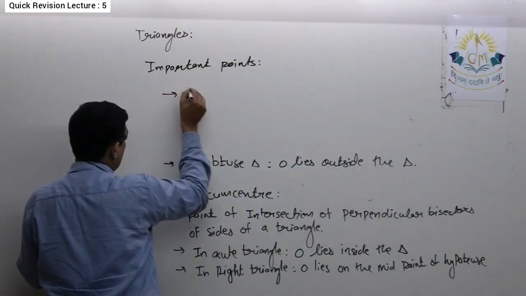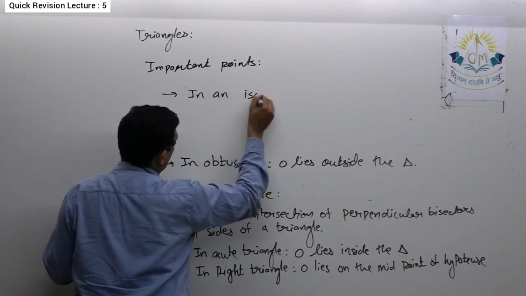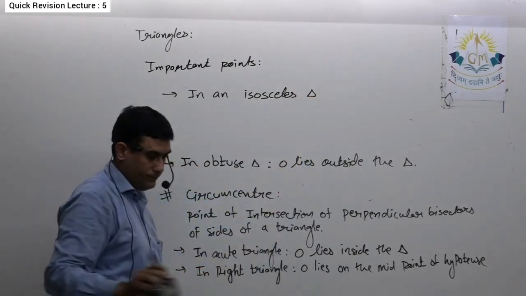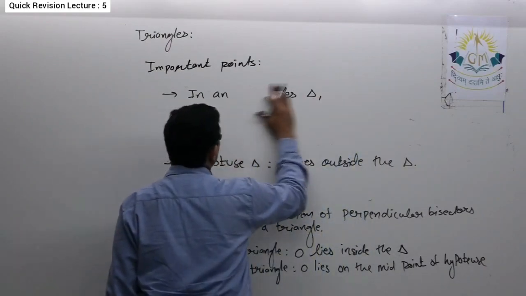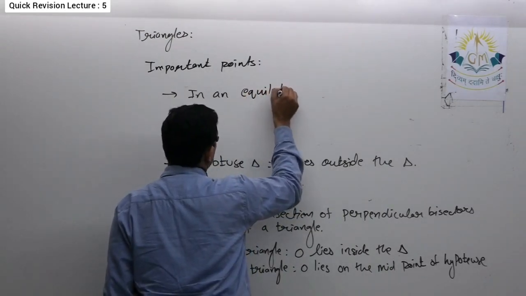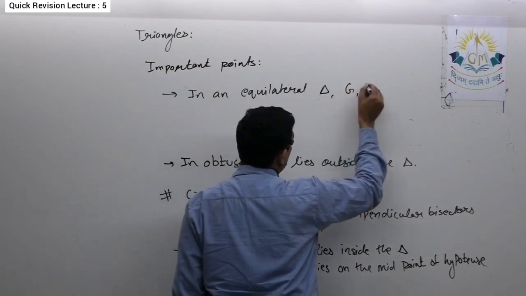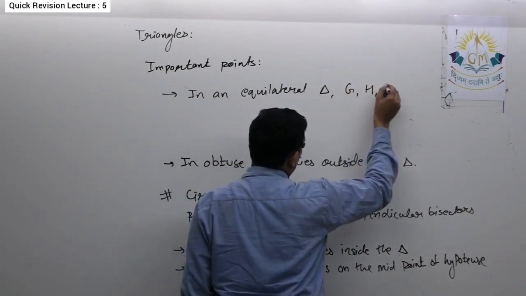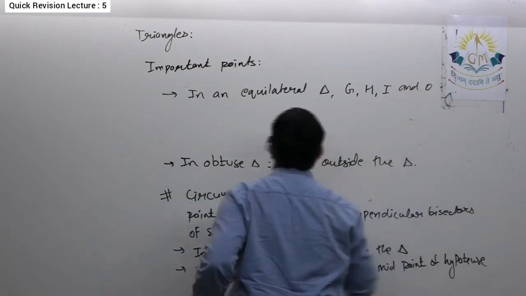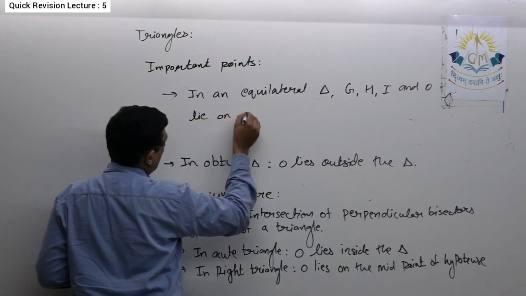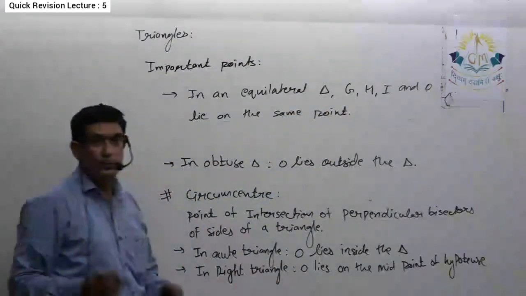First, in an equilateral triangle, the centroid, orthocenter, incenter and circumcenter, that is G, H, I and O, lie on the same point. In other words, they all coincide.